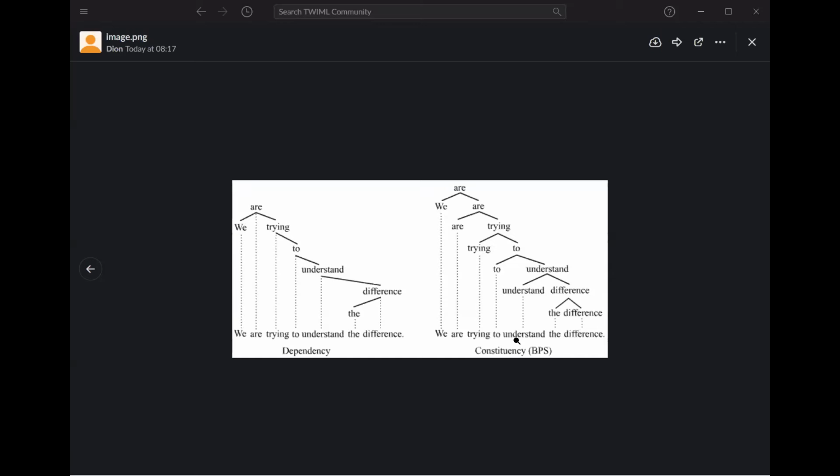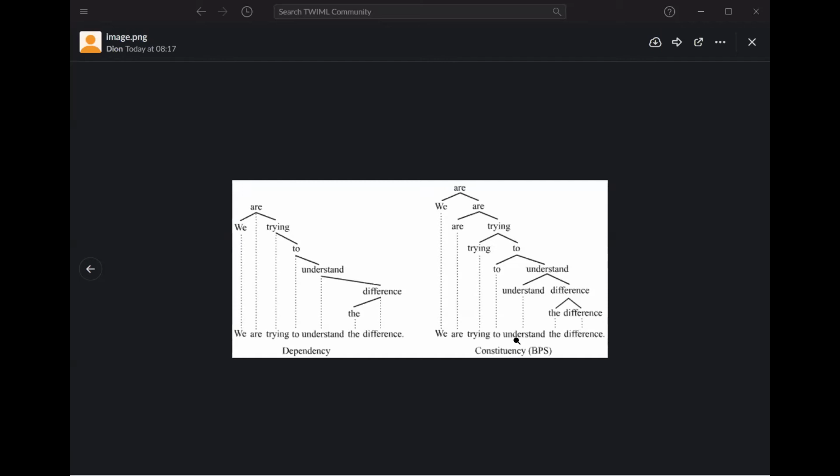So the right one wants to represent some structure or hierarchy or some order of the language sentence. To understand the difference, the core point is "to", which is the head or governor or something.